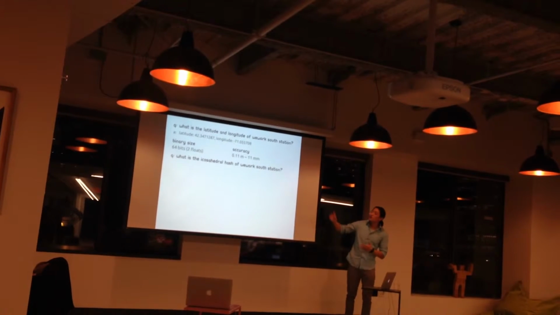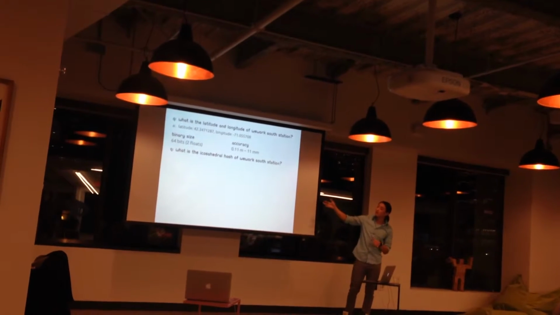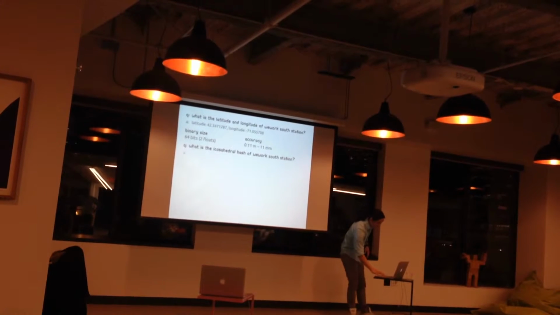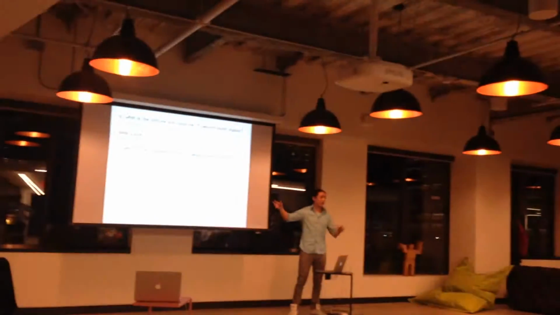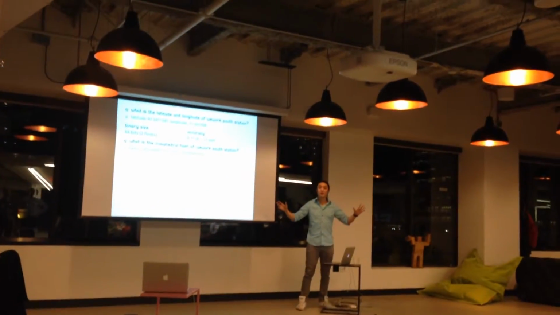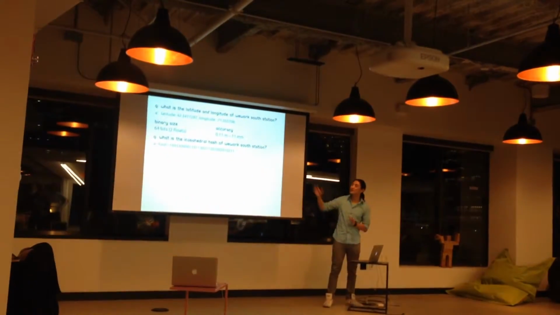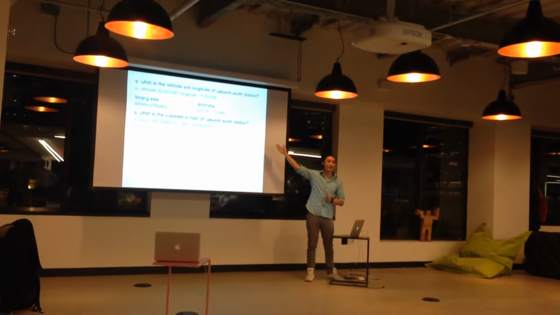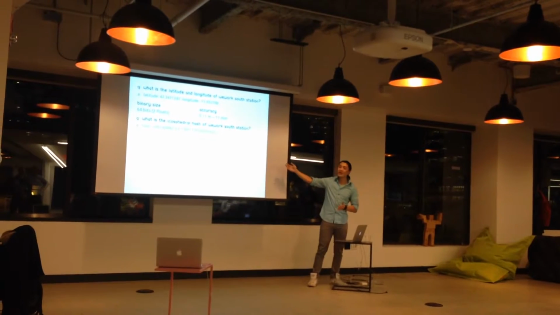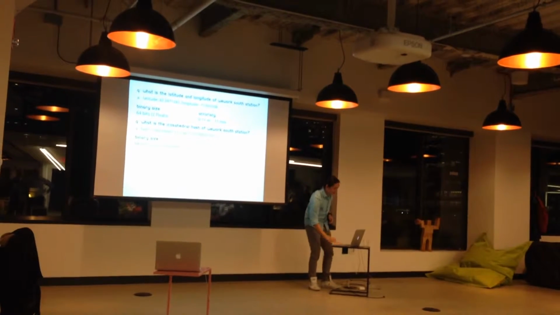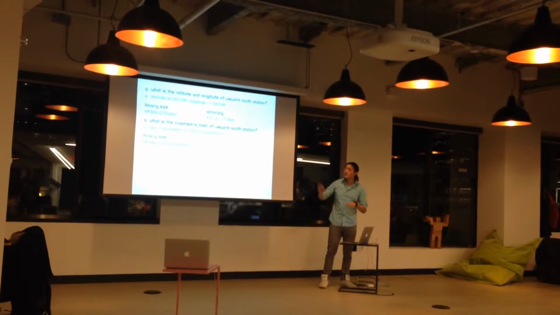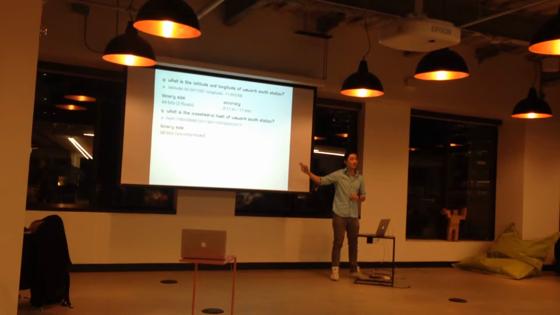And what is the icosahedral hash of WeWork South Station? This is the hash that I generated. It looks extremely ugly, but my point is that you don't really know latitude and longitude, which is 2 numbers, so why not have an ugly number? The binary size of this is 66 bits uncompressed.